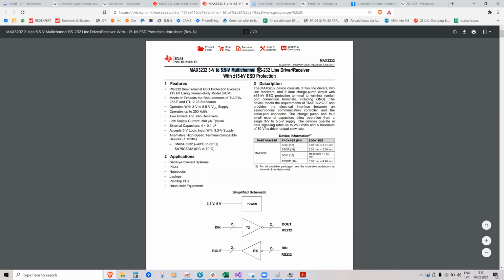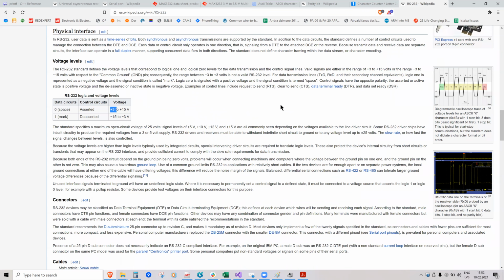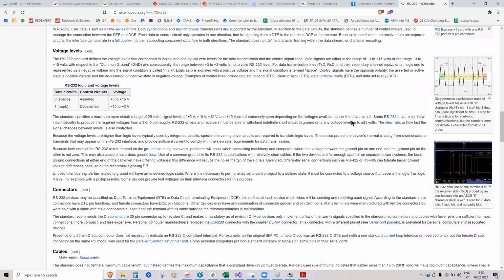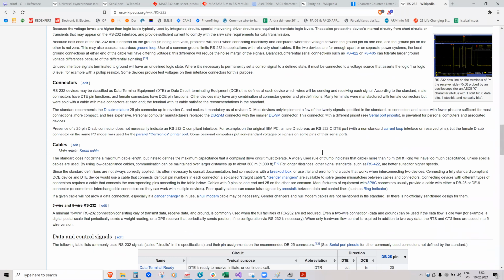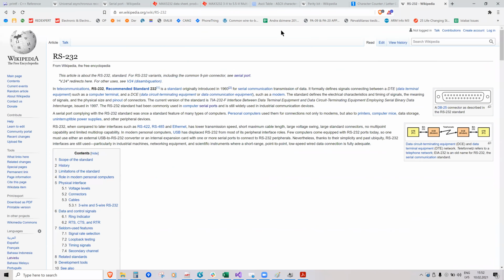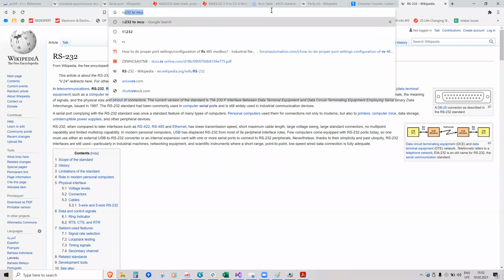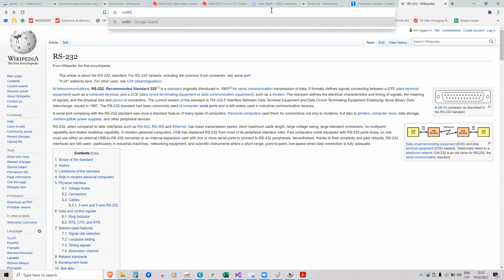On the PCB, you don't use it between two chips, but over anything that is cable-like, you would use this chip. So RS232 is this thing. And the next thing that is derived from RS232 is RS485.